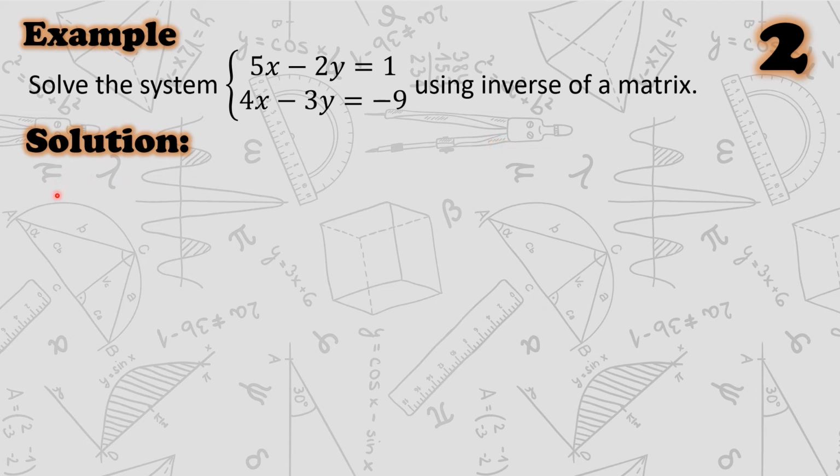We'll start with the equation of the form AM equals B, the coefficient matrix 5, negative 2, 4, negative 3. These are the coefficients in our system of equations, multiplied by the variable matrix XY equals the constant matrix 1, negative 9.